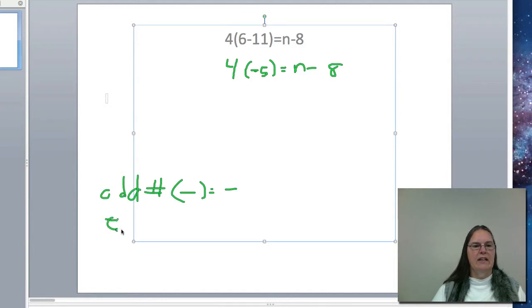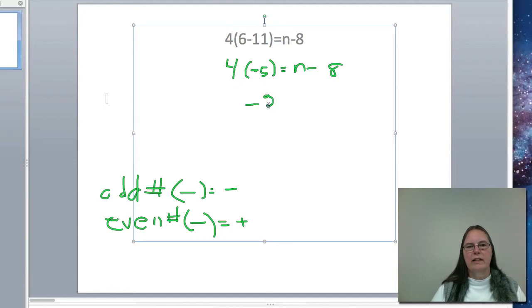An even number of the same symbol, the opposite symbol, will always give me a positive, and it's a relationship thing. So the opposite times a positive is an opposite, and 5 times 4 is 20, equals n minus 8.